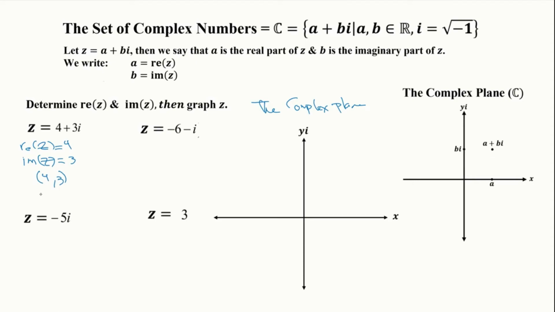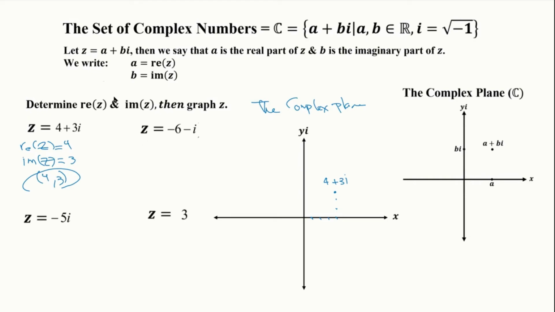So you just go 1, 2, 3, 4 in the x direction, and you go 1, 2, 3 up in the yi direction. Now this point here is not the ordered pair (4, 3). Keep that in mind. This is just a reference for how to graph it. It's the single complex number 4 plus 3i, just like that. So you write it like that, and it's not an ordered pair, it's a single point in the complex plane.